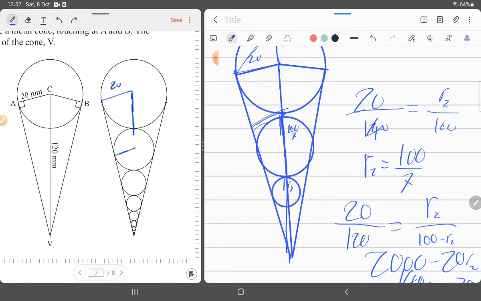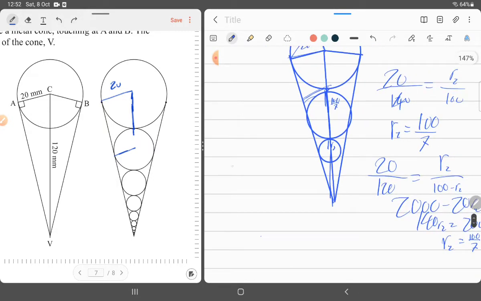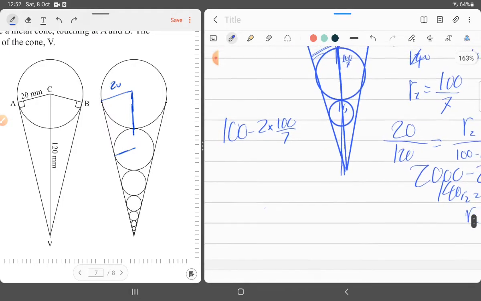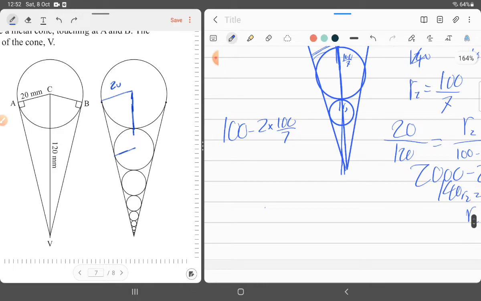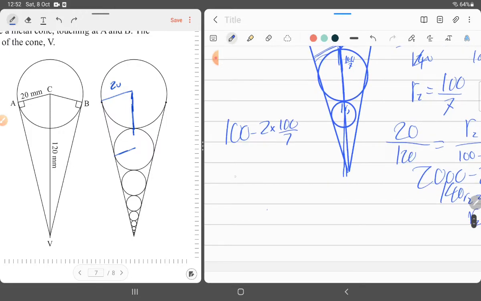Here is R3. 100 take away 2 times R over 7 is the length of here, which is equal to 500 over 7. So the length of here is 500 over 7.